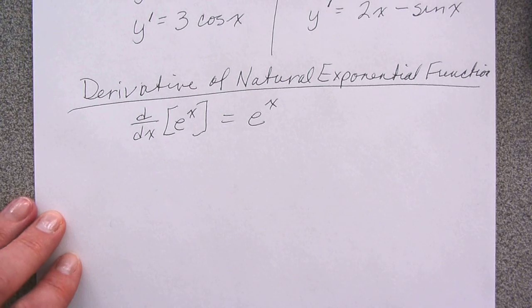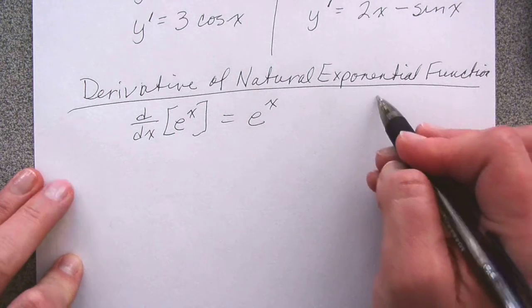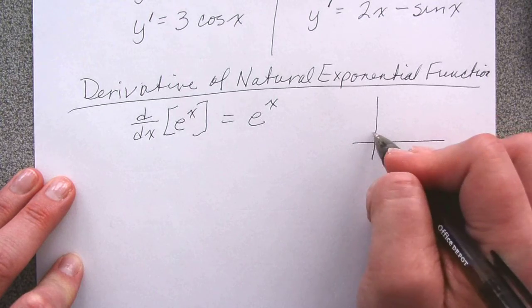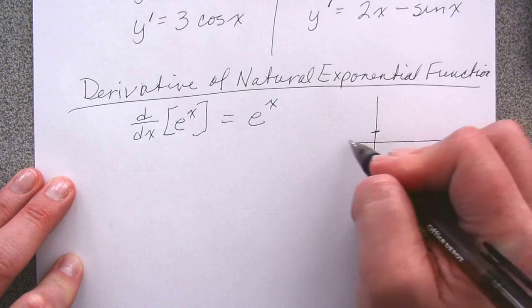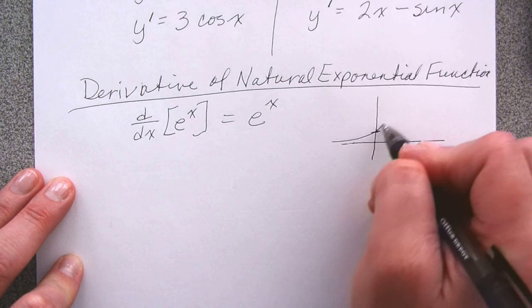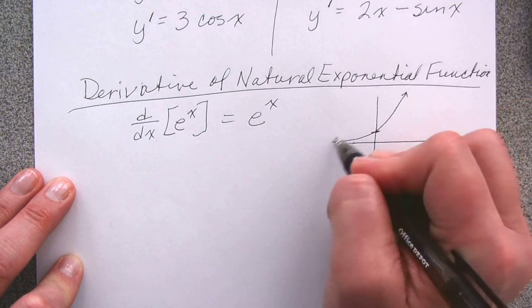Okay? So if you look at the graph of the natural exponential function, it's going to look something like this.